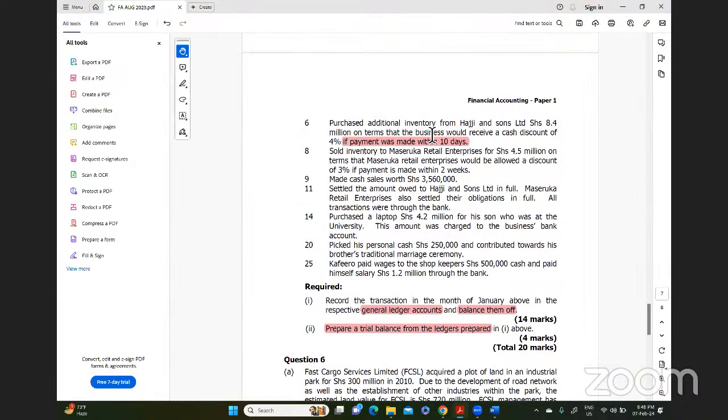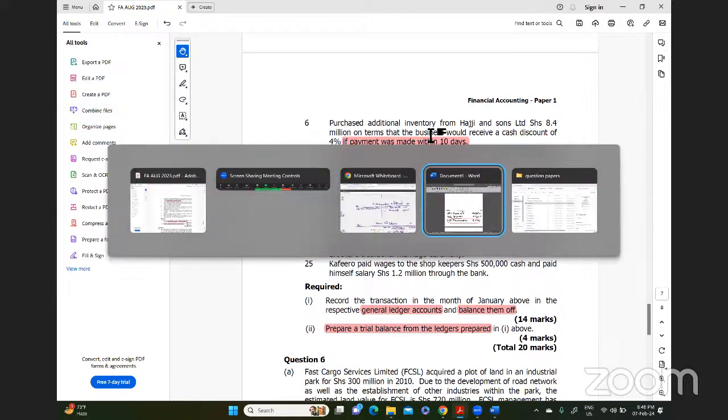Then on 14th, what is happening? He purchased a laptop at 4.2 million for his son who was at the university. The amount was charged to the business's bank account. This is a drawing. Business resources put to personal use. So what are we going to do in terms of double entry there?